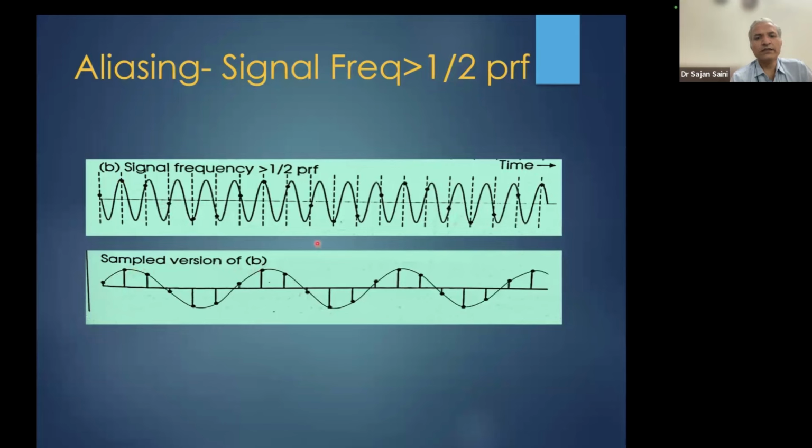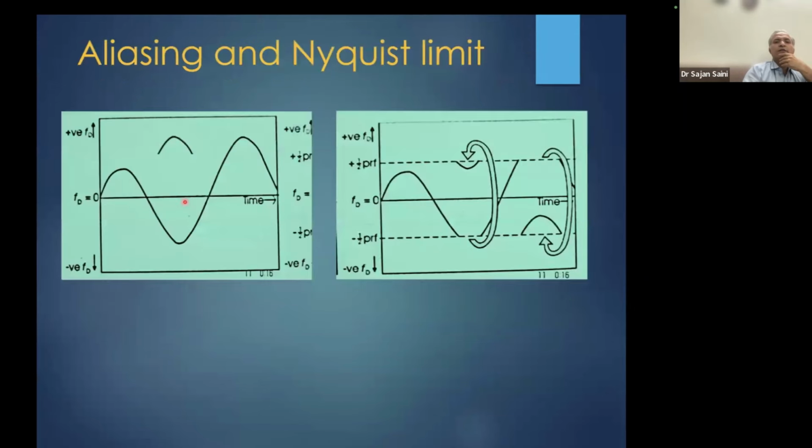It is way different from the original signal, and thus there is loss of signal in the sampled version, and thus there will be something known as aliasing. If my signal frequency is more than the Nyquist limit, which is half of the pulse repetition frequency, then this Doppler shift will be broken and will appear like this, and I'll show you how.